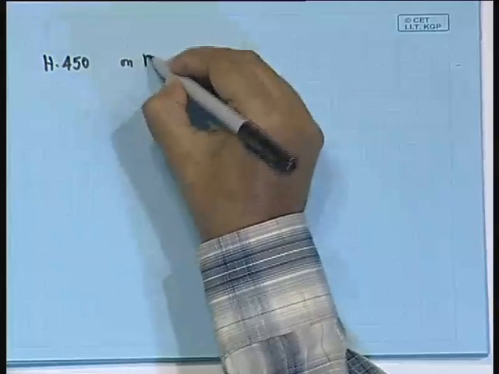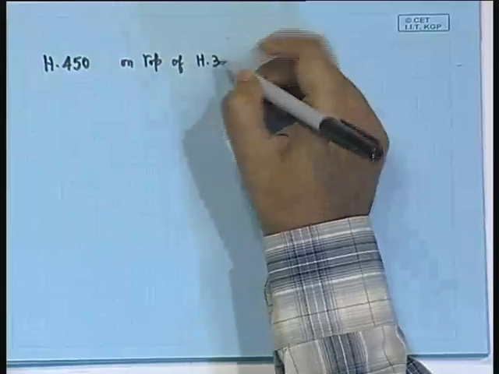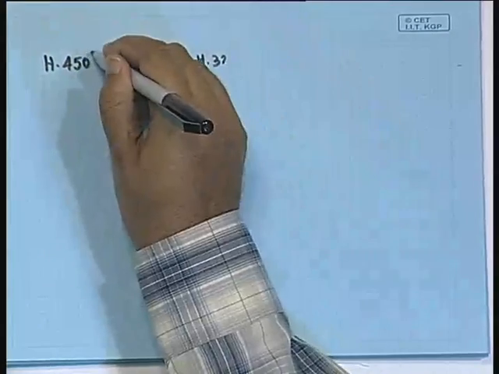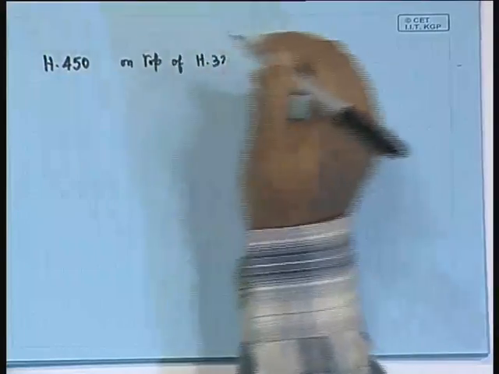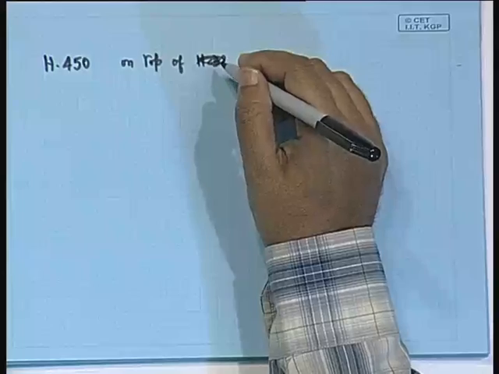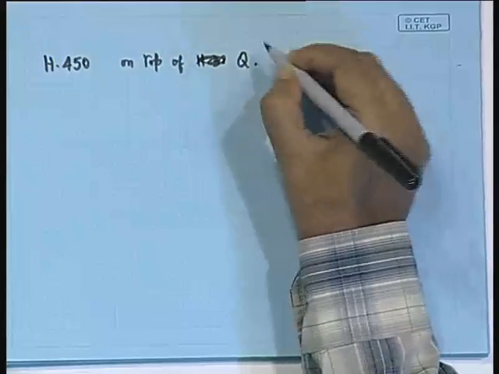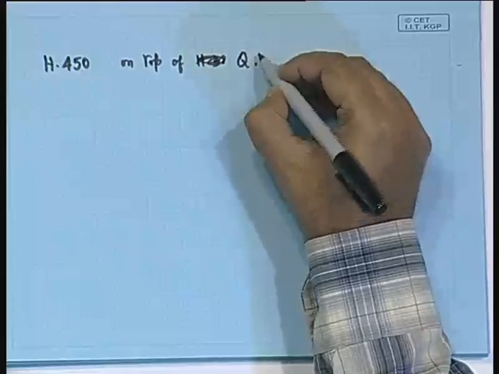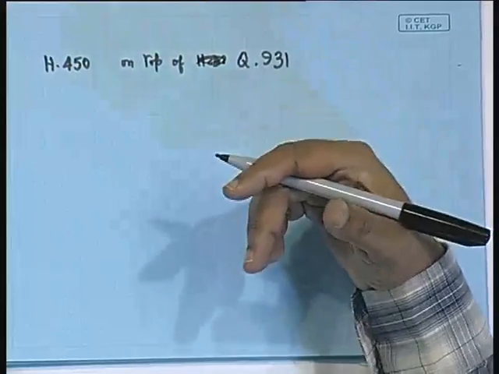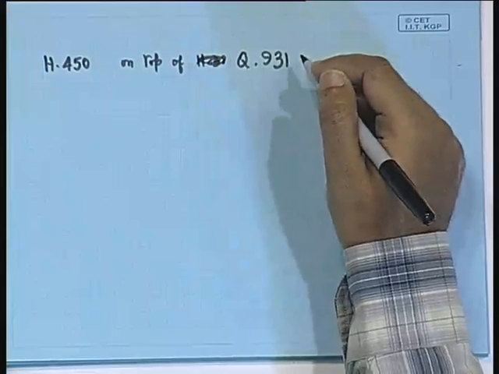Or rather, H.450 is a part of... I should not say on top of H.323, but since it is all signaling enhancement, I should say that H.450 should be on top of Q.931, because Q.931 is the signaling protocol that is there in H.323.